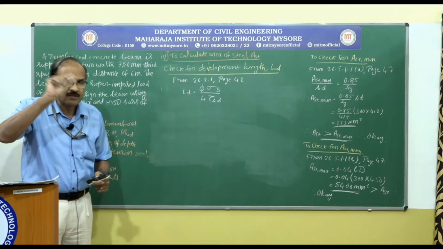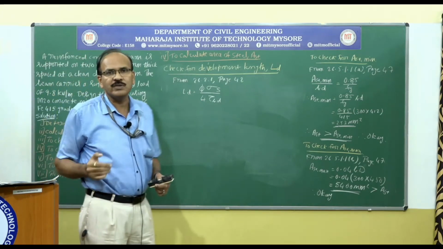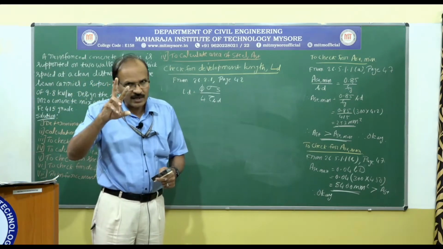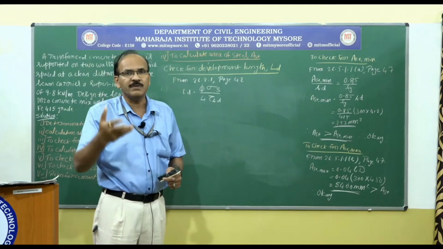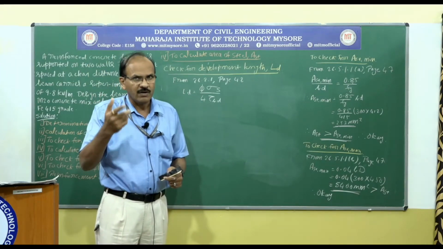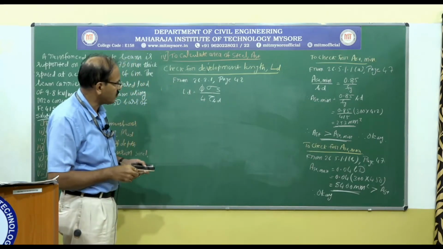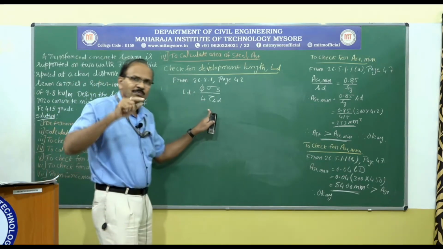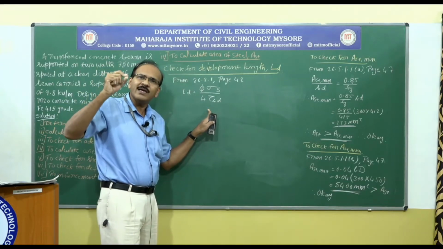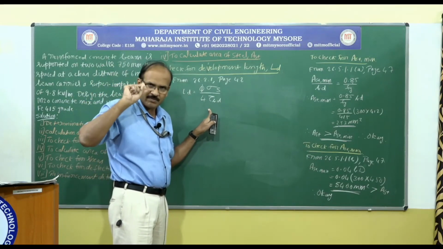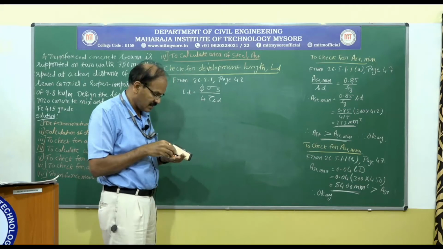So whatever the values given in the table just above the lines, you can increase those values by 60%. As I said, for M20 concrete it is 1.2 Newton per millimeter square. So I am going to multiply that 1.2 by 1.6 because I am increasing the value by 60%.